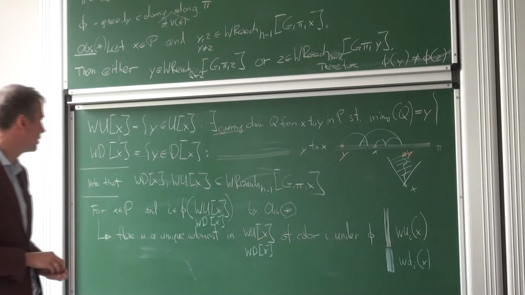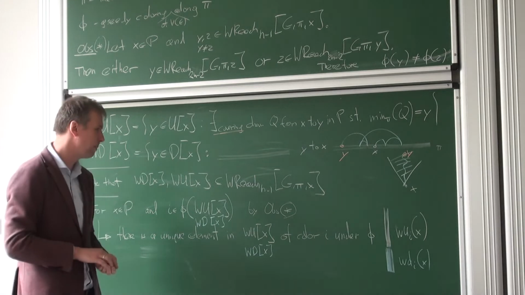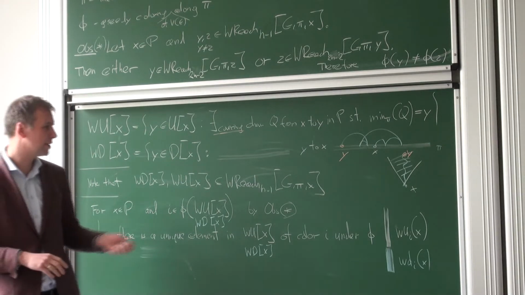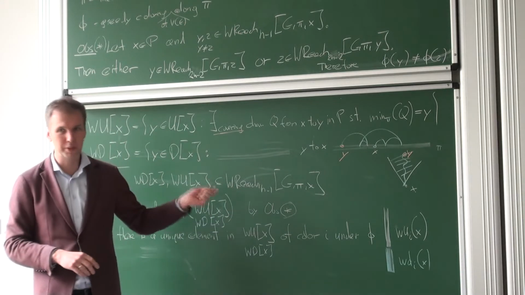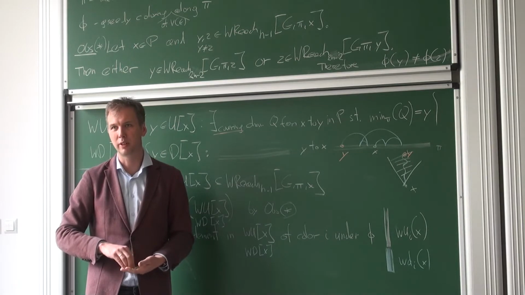Okay. So that's the thing, and the easy thing to observe is that both the weak upset and the weak downset of an element are a subset of the things you can reach from this element in the Hasse diagram. That's pretty clear.